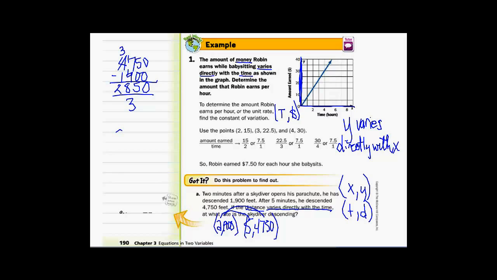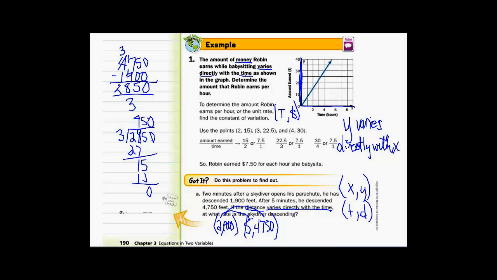2,850 divided by 3. So it goes in there 9 times. 9 times 3 is 27, that's an 8, by the way. 15. Now notice I still have something left over here. I've got to put a number over that.